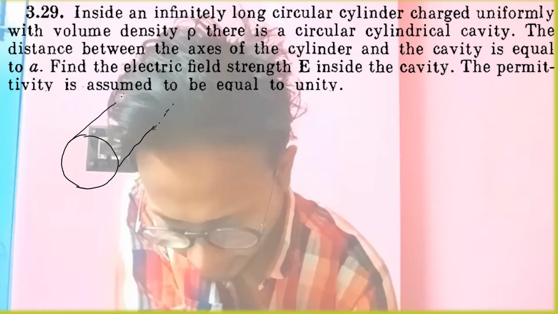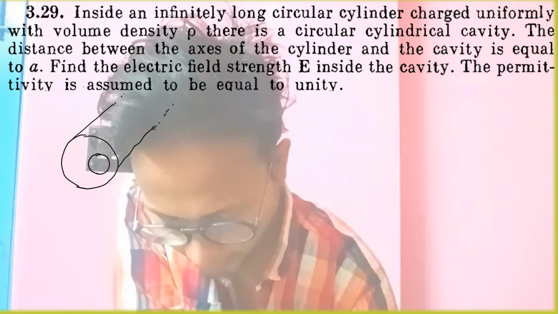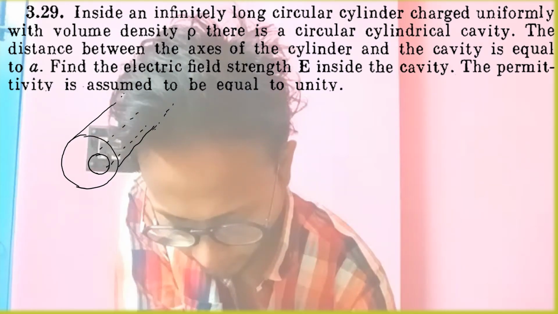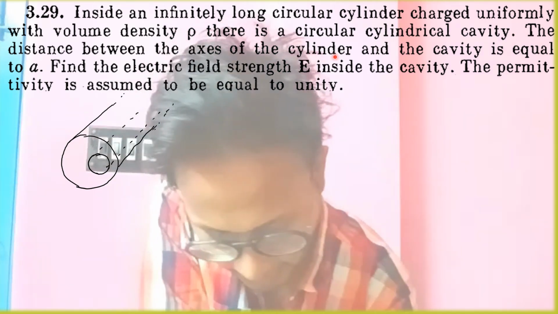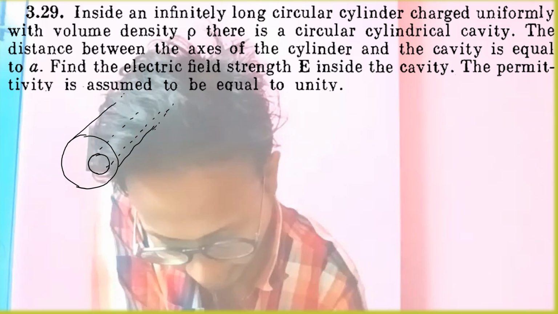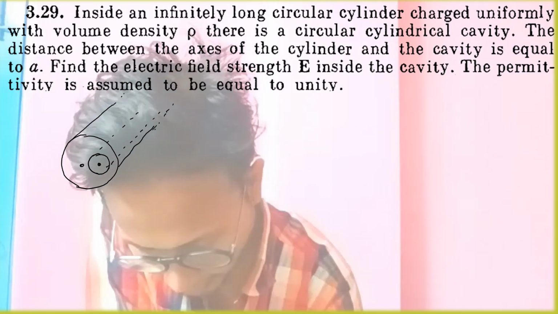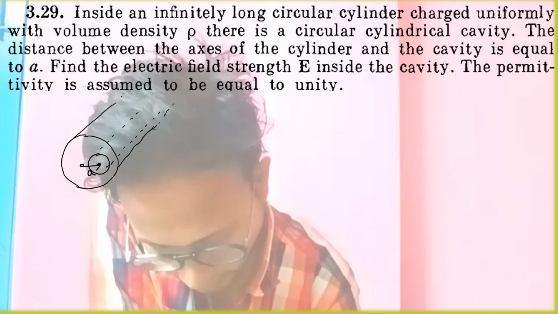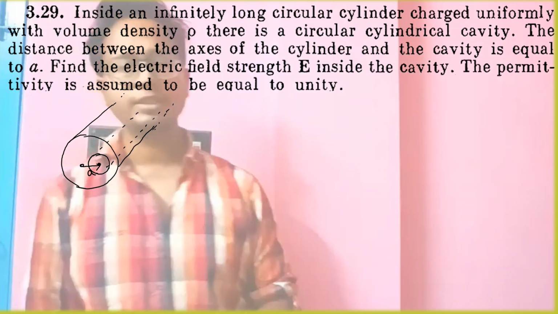Inside this cylinder there is a cylindrical cavity, and even this cavity goes up to infinity, where the distance between the axis of the cylinder and the cavity is equal to a. That means if this is the center of the cavity and this is the center of the cylinder, the distance between them is a. We have to find the electric field at any point inside the cavity.